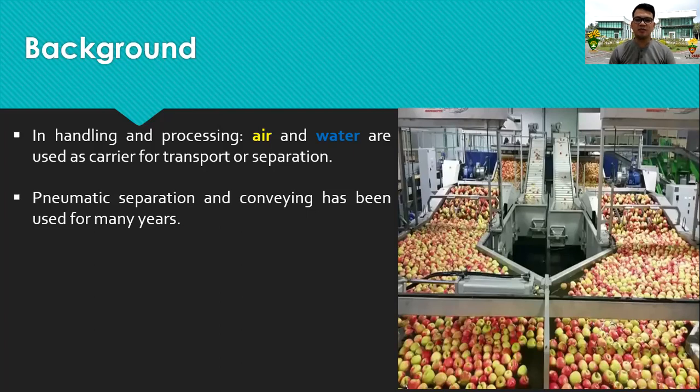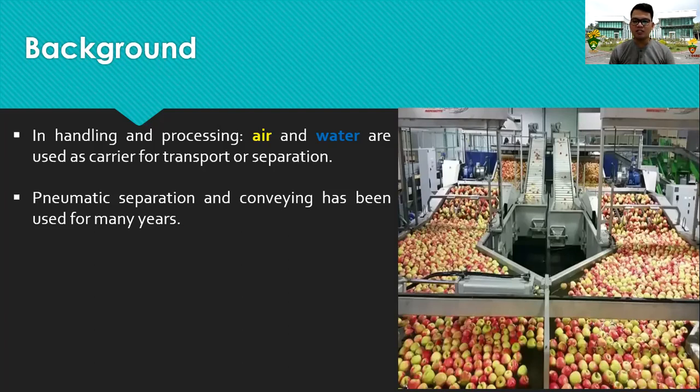For conveying, in the picture shown, the apples are being conveyed together with washing. They are conveyed from one place to the other until the process is done. There might be disinfection, not just normal washing but also cleaning of the apples.